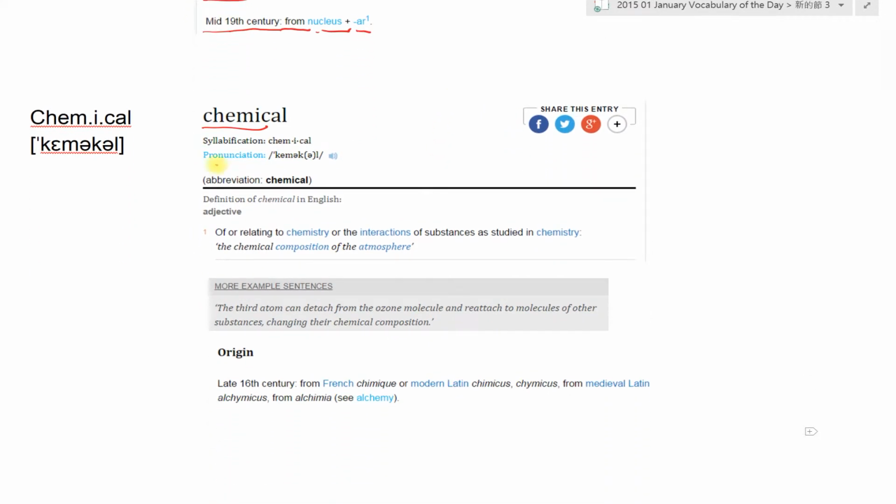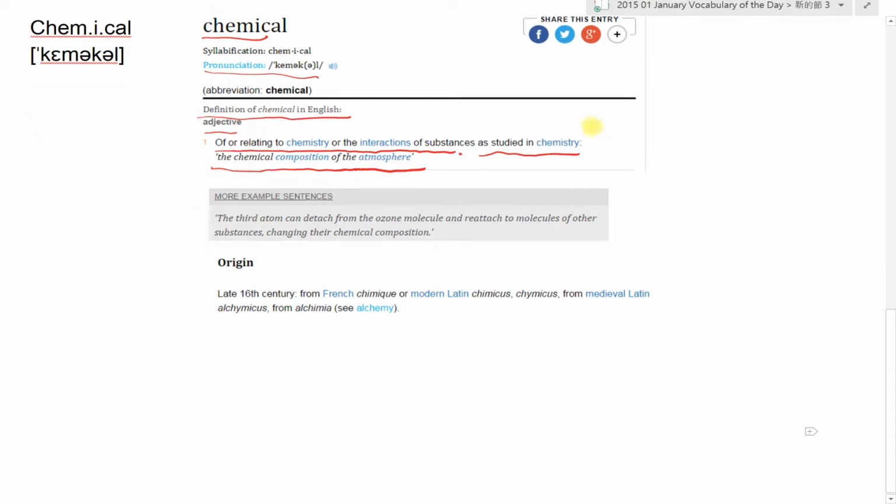Chemical. Definition of chemical in English. Adjective. Of or relating to chemistry or the interactions of substances as studied in chemistry. The chemical compositions of the atmosphere.